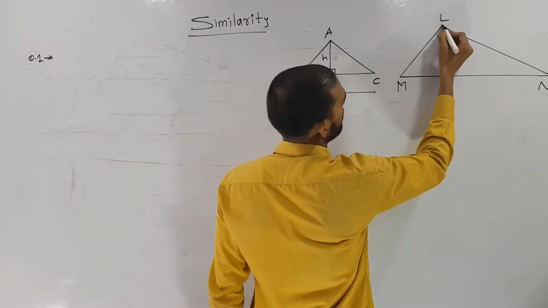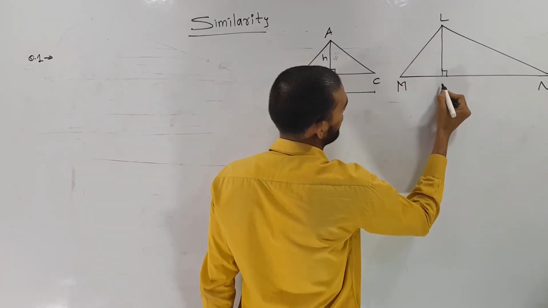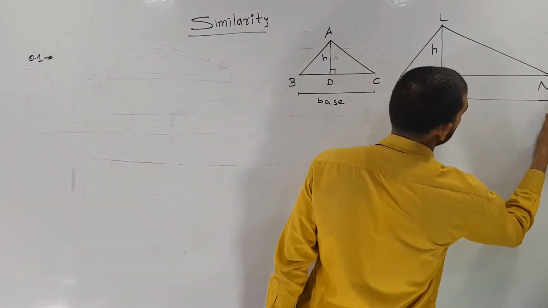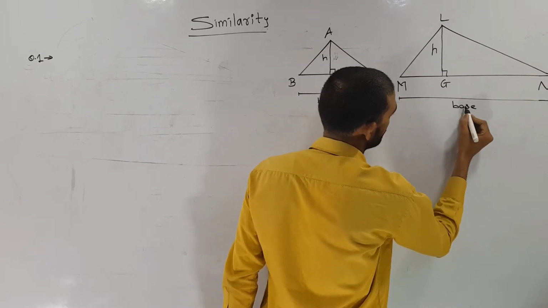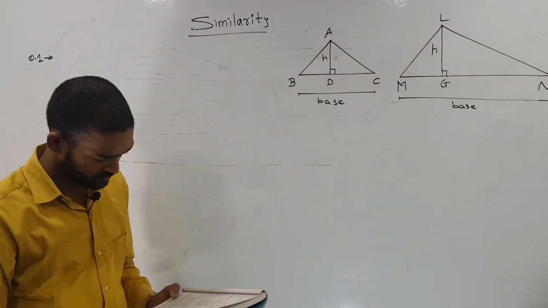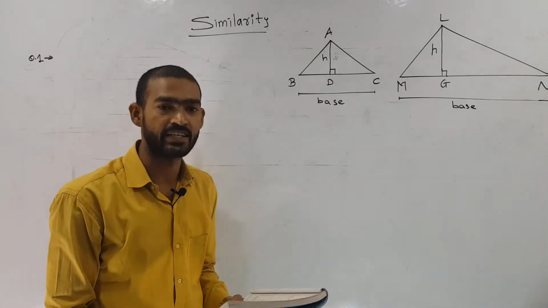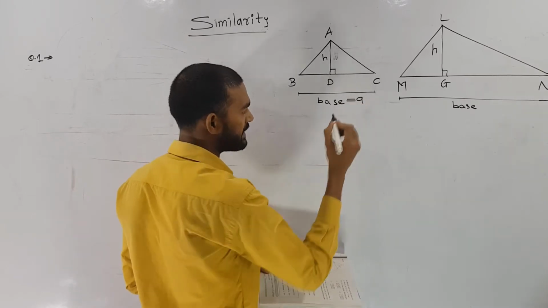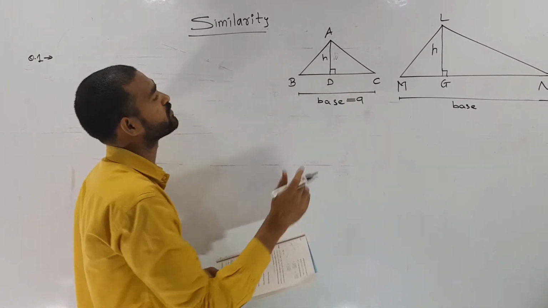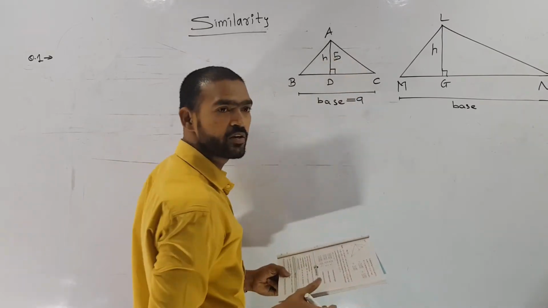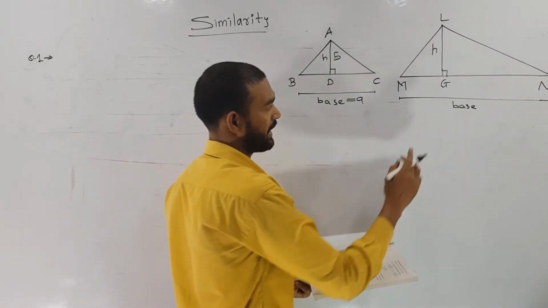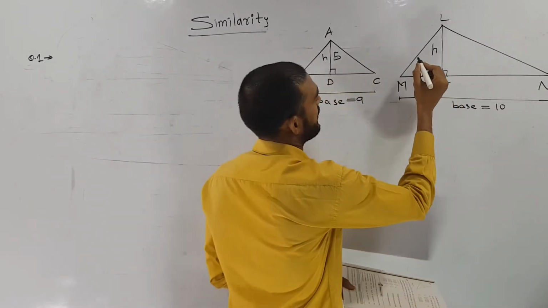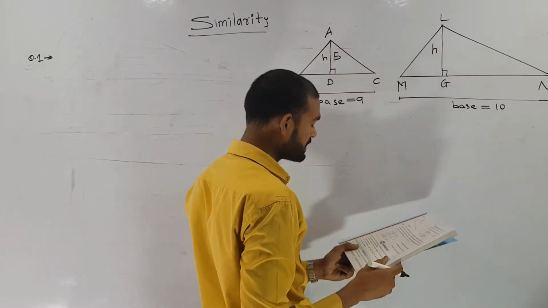Similarly, the other triangle has height LG, and this whole side we will call the base. According to the question, the base of the first triangle is 9 and height is 5. The other triangle has base equal to 10 and height 6.